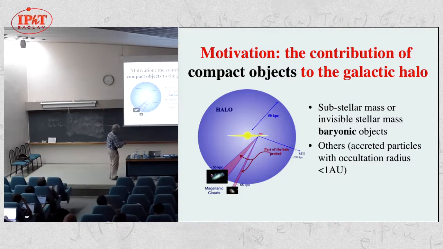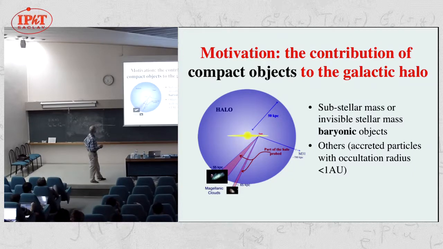Anyway, at the time these surveys were initiated, the main question, and it's still an active question, was the composition of the galactic dark halo in terms of baryonic objects.